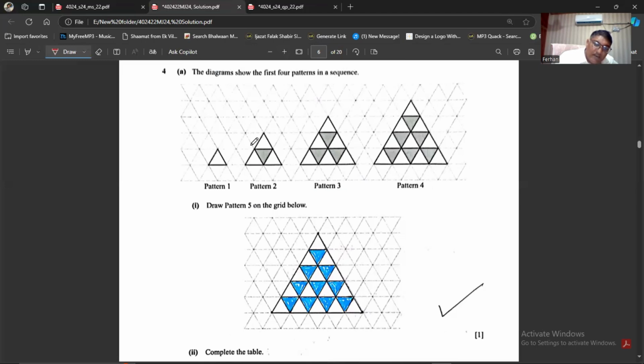So here you will have 5 diagonals. Same you will do with this side. So I hope this is a pattern which you have to catch. Hopefully you understand how I have drawn this and how I have shaded it. So this is the 5th pattern.